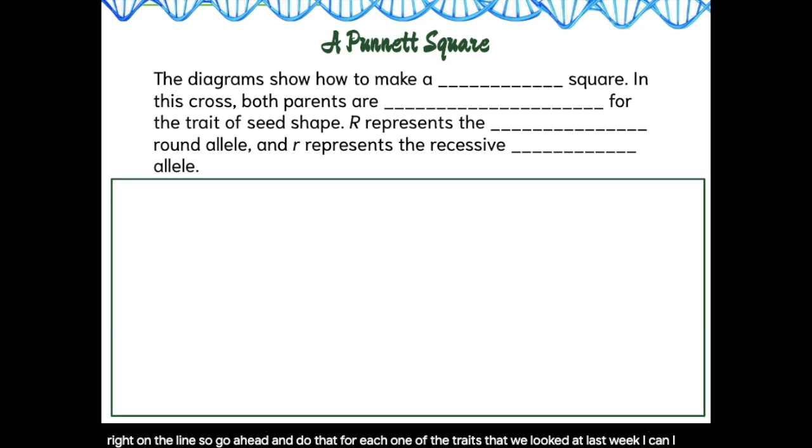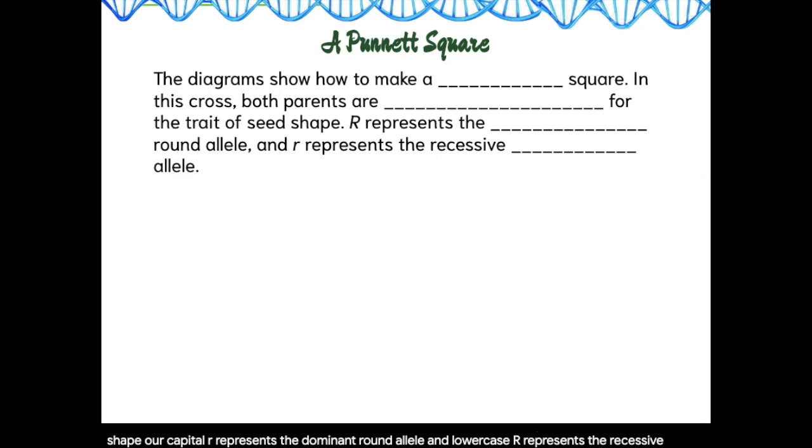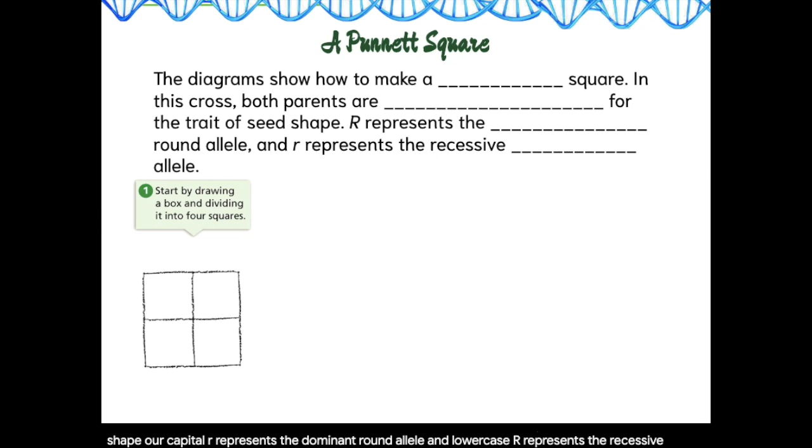Okay, so the diagrams that show how to make a Punnett square. In this cross, both parents are heterozygous for the trait of seed shape R. Capital R represents the dominant round allele, and lowercase r represents the recessive wrinkled allele. So first you start by drawing a box.